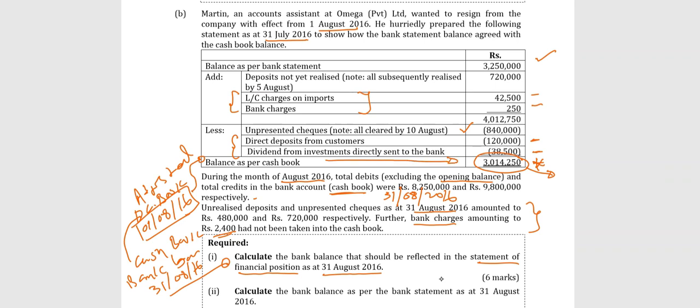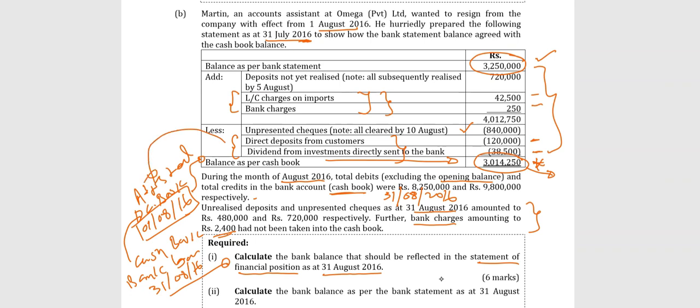Okay, so the accountant has prepared the reconciliation to show the differences between the bank balance prevailing at that time and the cash book balance. So to arrive at the correct cash book balance, these entries which are not recorded will have to be adjusted to arrive at the opening balance.